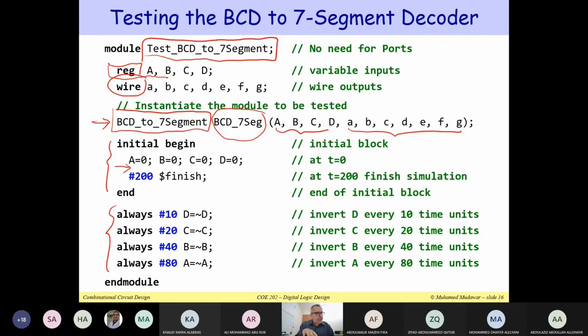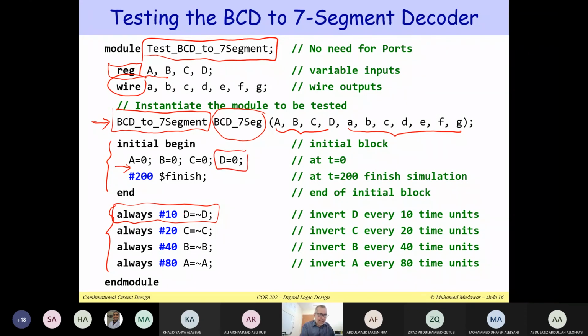But in this example, I'm using the always to generate the test cases. So think about each always statement here as an infinite loop. Every 10 nanoseconds, we are inverting the value of D. So initially D equal to 0.